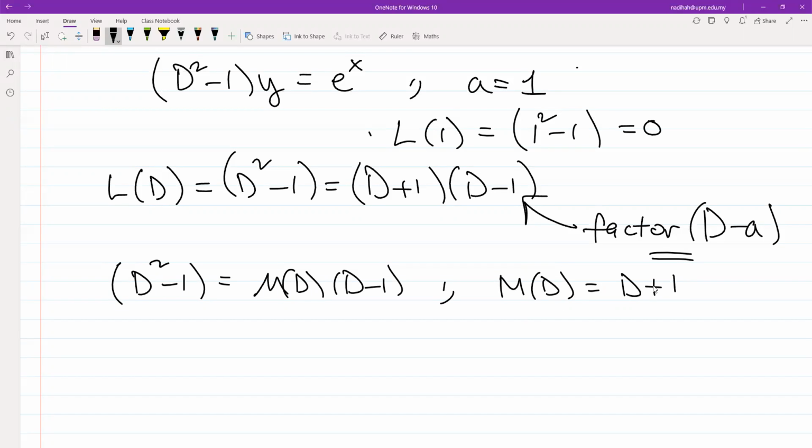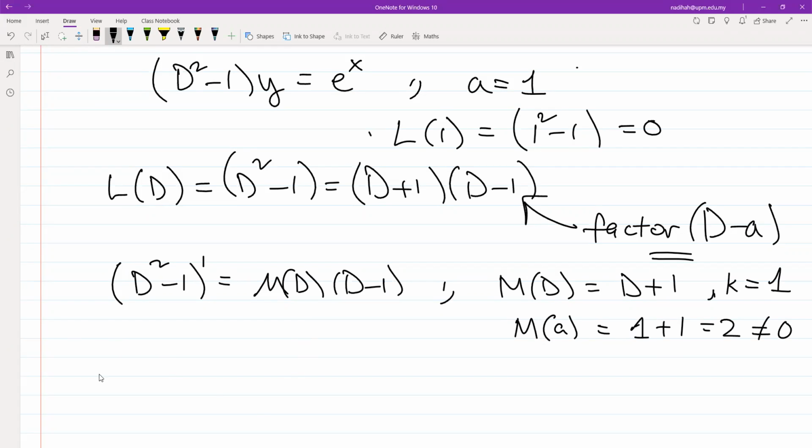And then kalau saya nak check M of a is just 1 plus 1 equals to 2, which is not 0. So let's remember that. How many times? This is 1. So in this case, we have k equals to 1. K time, only one time.